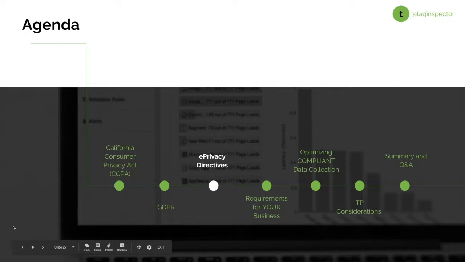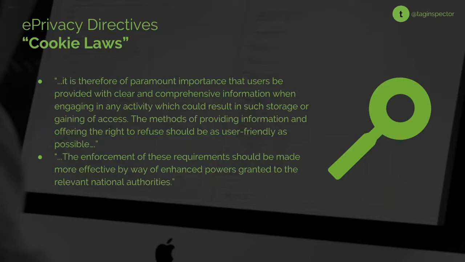Finally, the third legal regulation that we're going to be talking about here today is the e-privacy directives, and what those are. So again, these are oftentimes referred to as cookie laws. They are in the EU, so there's a directive put out by the overall governing body of the EU, which basically is saying that it's extremely important for users to have a clear and comprehensive understanding when any activity that is resulting in storage of or gaining access of information about them is happening.